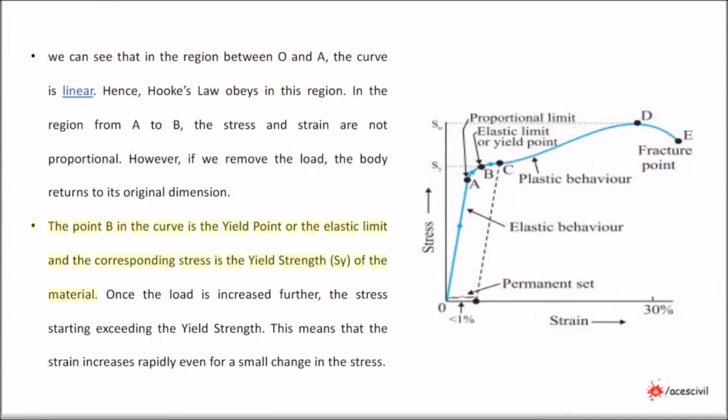The point B in the curve is the yield point or the elastic limit, and the corresponding stress is the yield strength, SY, of the material. Once the load is increased further, the stress starts exceeding the yield strength. This means that the strain increases rapidly even for a small change in the stress.